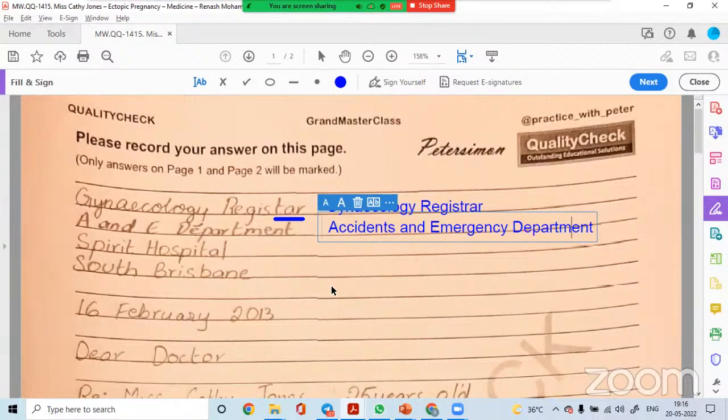Like that you have to write. So second one, you have to change your style. That is correct only, but quality is. So you are writing as if you are writing in the note only. In the case notes, it is like that, and you are writing like that. That's all. There is no difference. Accidents and emergency department. Okay. Or accident and emergency department. Okay.